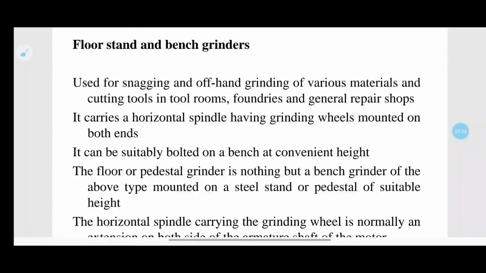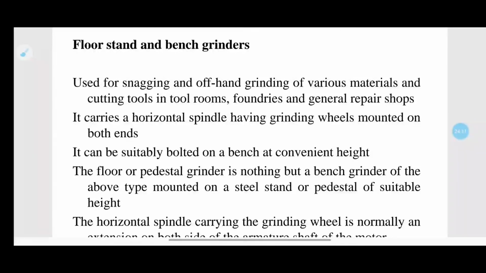It can be suitably bolted on a bench at a convenient height, so it is flexible, and we can place the grinder wherever we want, because it is helpful for the user.